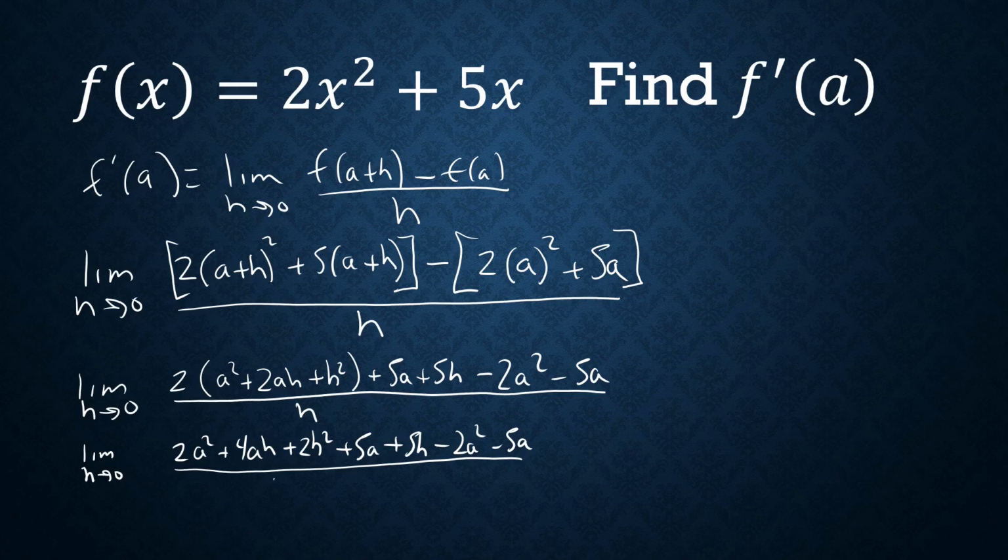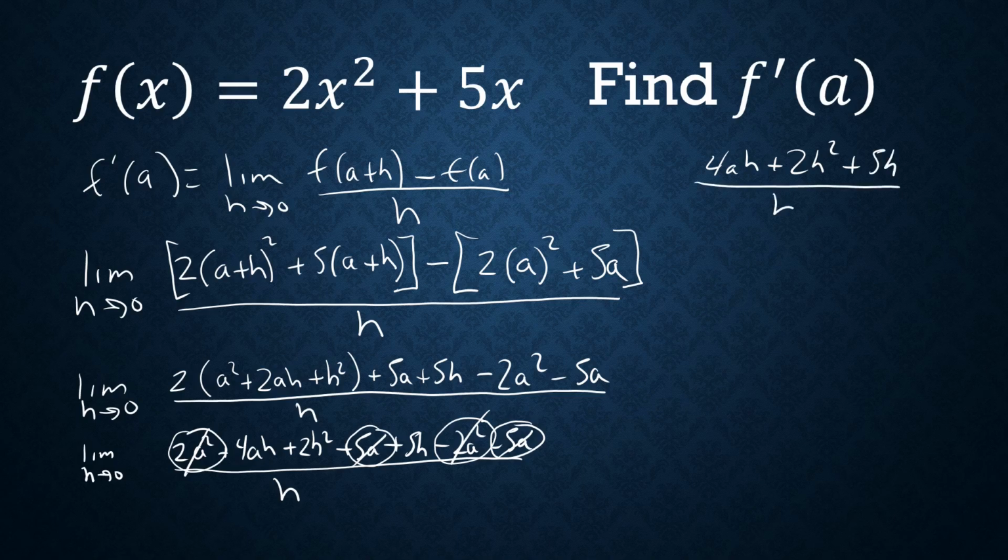All over h. Look at the top here, 2a squared minus 2a squared adds up to 0, so that goes away. I have 5a and minus 5a, so those go away. So now I'm left with 4ah plus 2h squared plus 5h over h.